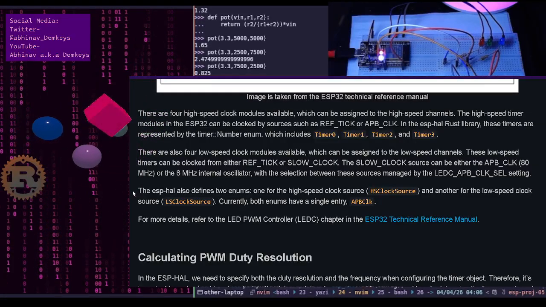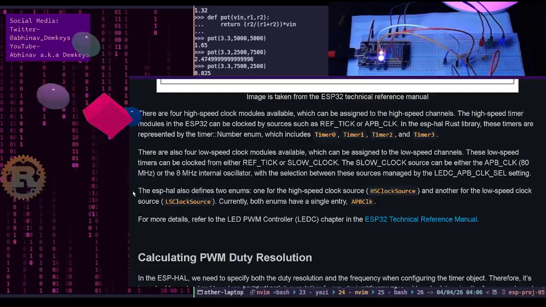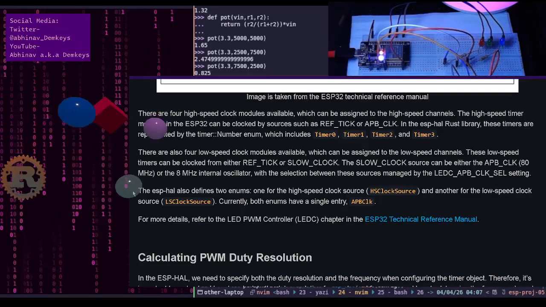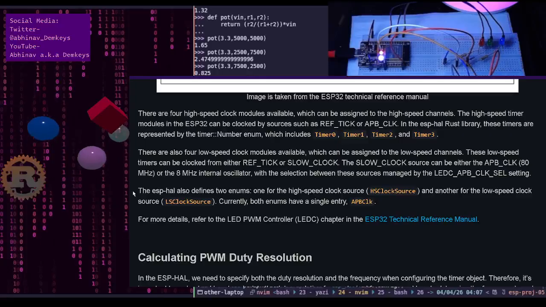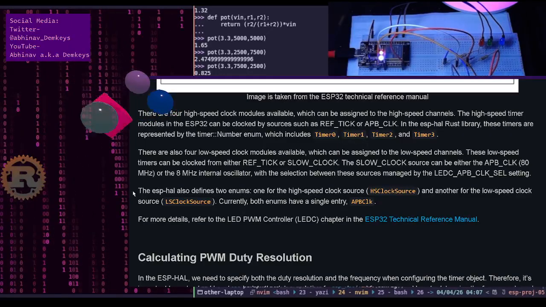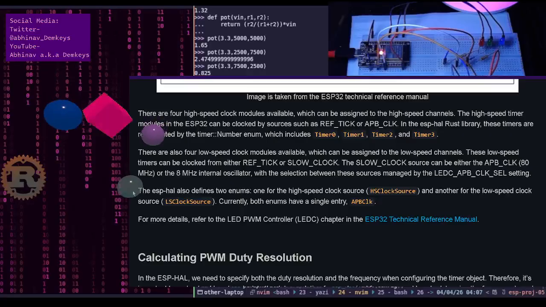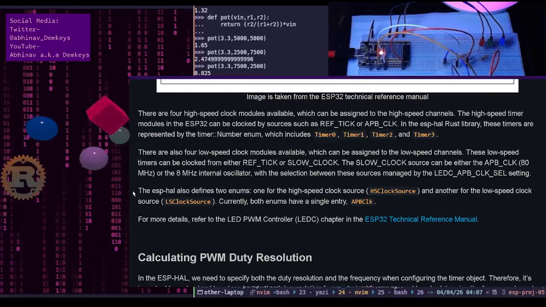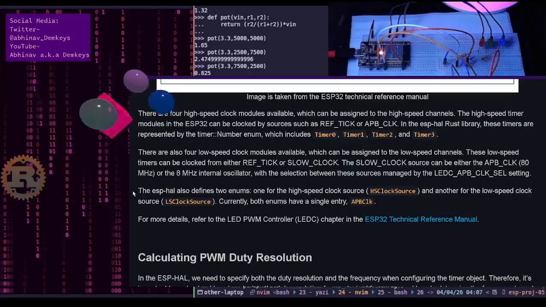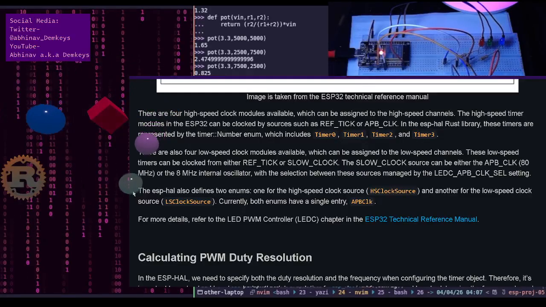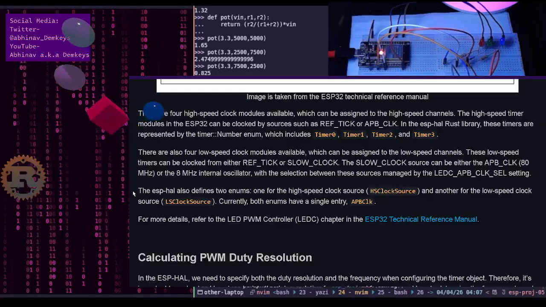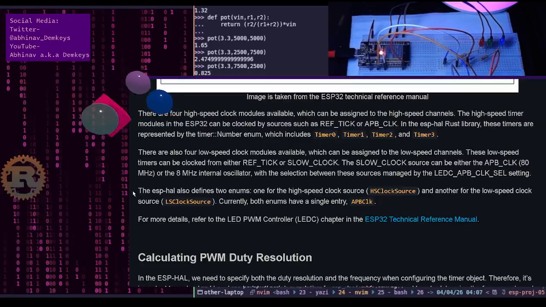These low speed timers can be clocked from one of two sources. The slow clock source can be either the APB clock, which is 80 megahertz, or the 8 megahertz internal oscillator.